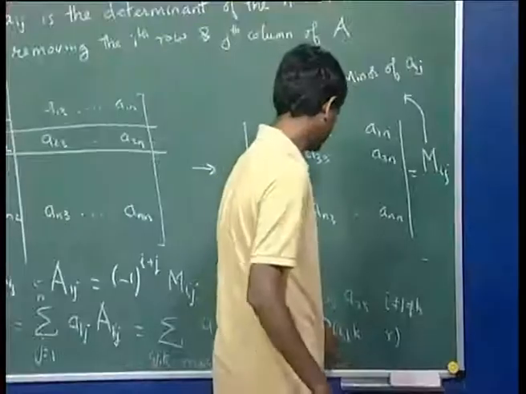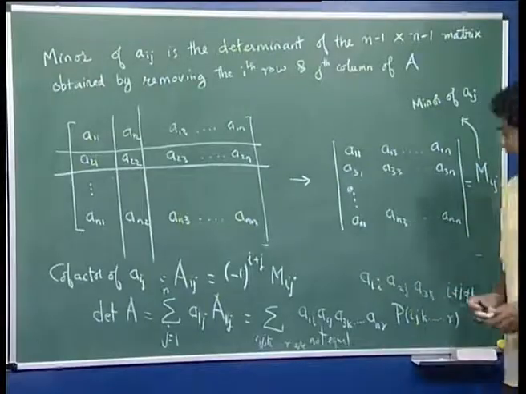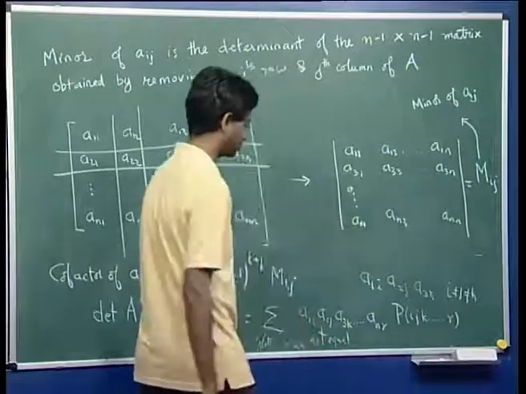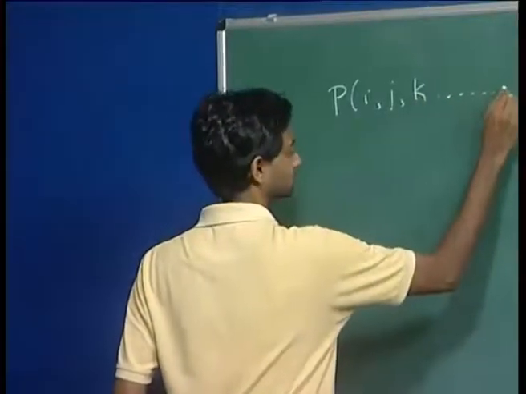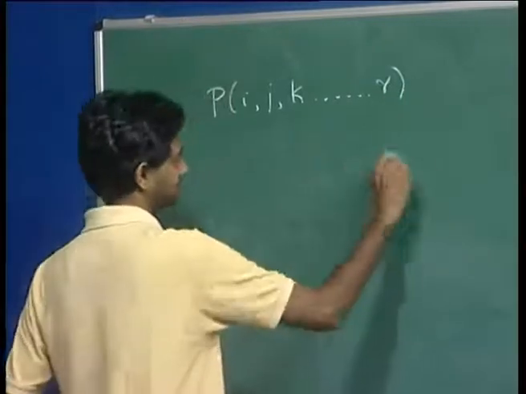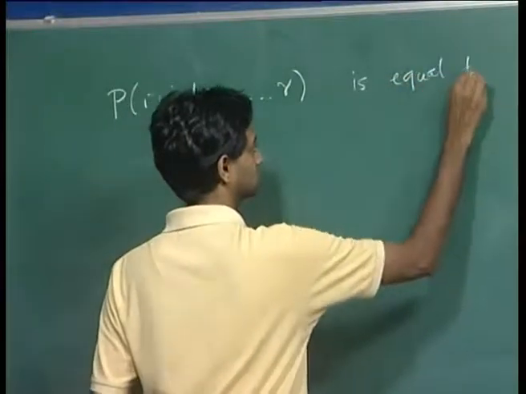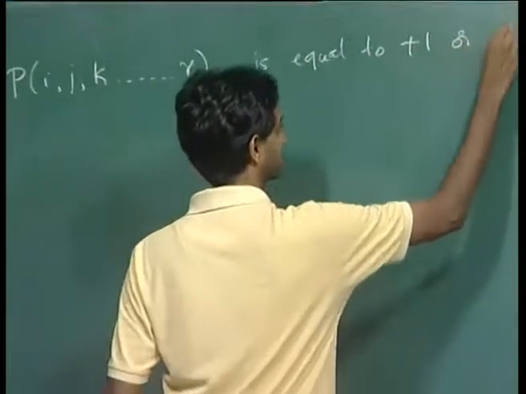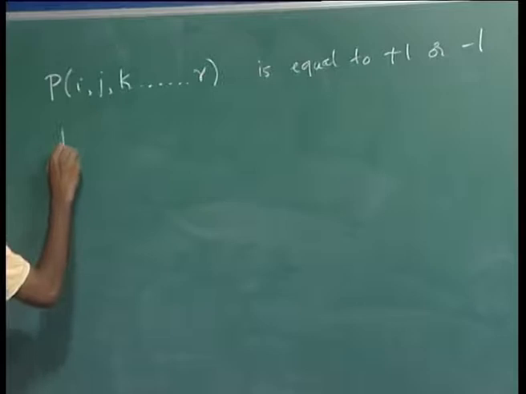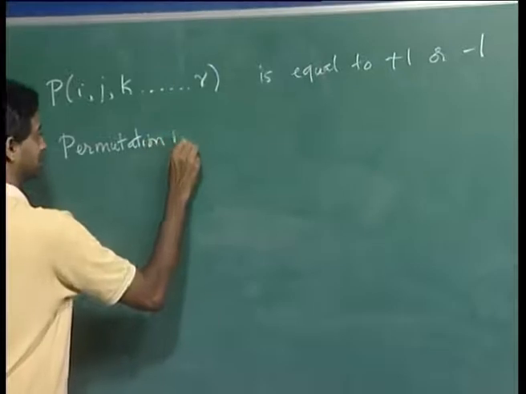If it is equal to plus 1, then you call it an even permutation. If it is equal to minus 1, you call it an odd permutation. So p of i, j, k up to r is equal to plus 1 or minus 1, and this is called the permutation index.